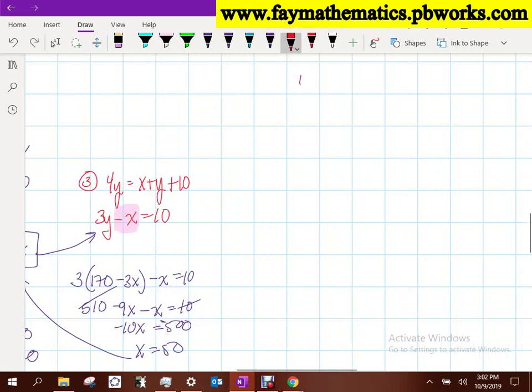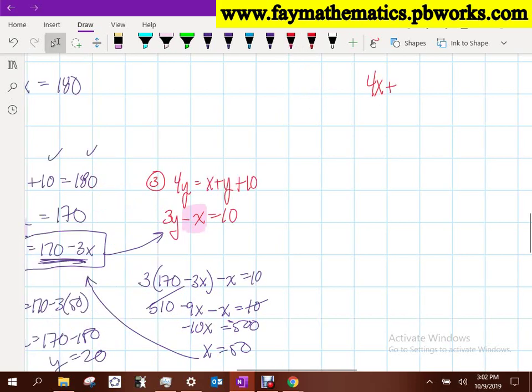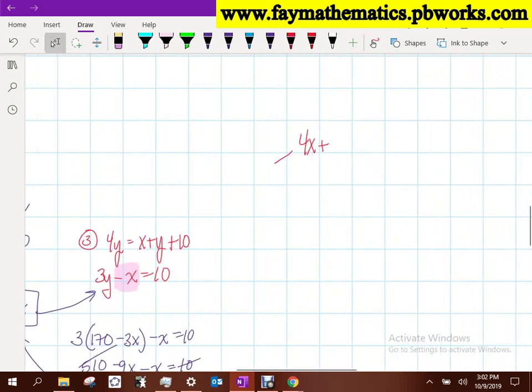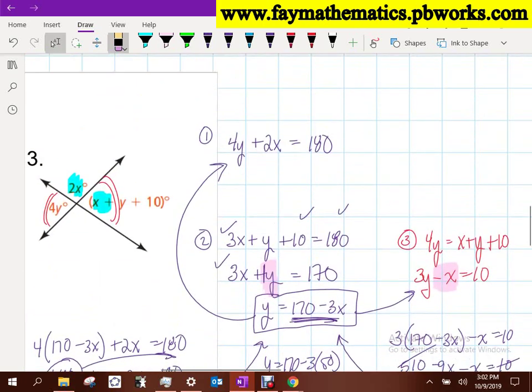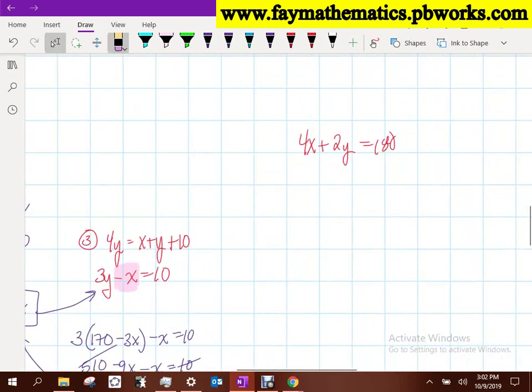One of those equations, that first one was 4x plus, was it 2y equals 180. And then we had the one, I'll use 3x plus y equals 170. If you remember elimination, the goal was to add straight down, and hopefully we had terms that were opposite.